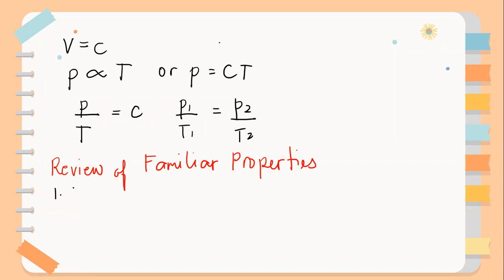Remember that the pressure is the ratio of force and area. But under thermodynamics, when we say pressure, we're talking about the absolute pressure, the atmospheric pressure, and the pressure gauge.